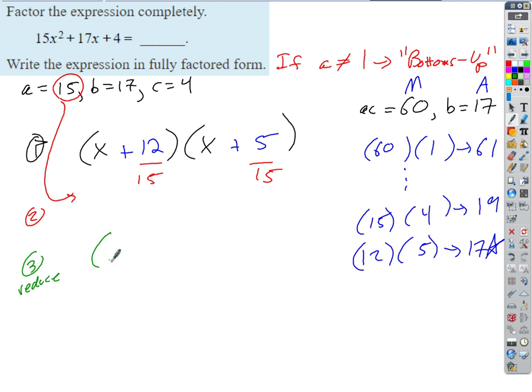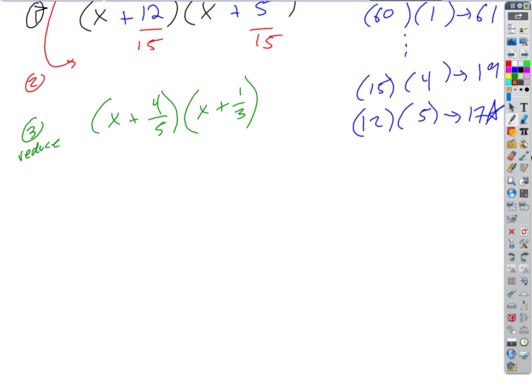Reduce, I'm going to end up with x plus, what's 12/15 reduced to? 4/5. 3 goes into both of those, right? How about 5/15? Okay, and then the last step is bottoms up. If I still have fractions after I reduce, I have to go bottoms up. If I don't, fine.